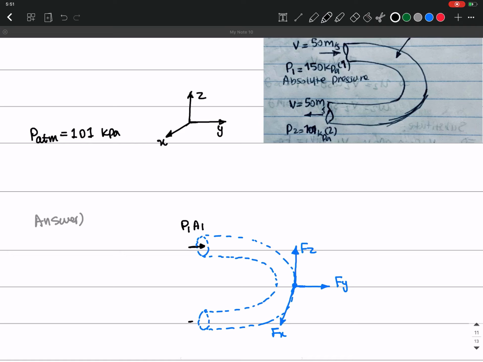And then the same thing here, we have another pressure, P2 times A2, which is also giving us the force that is acting on this CV. So again, these are forces acting on the CV contents.